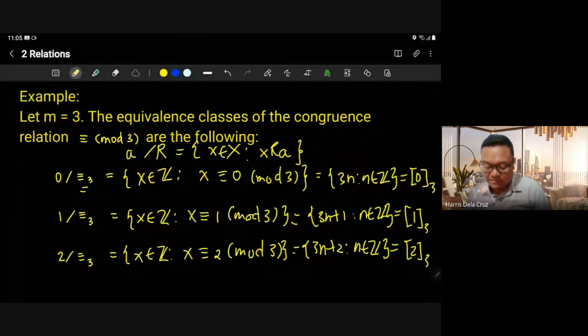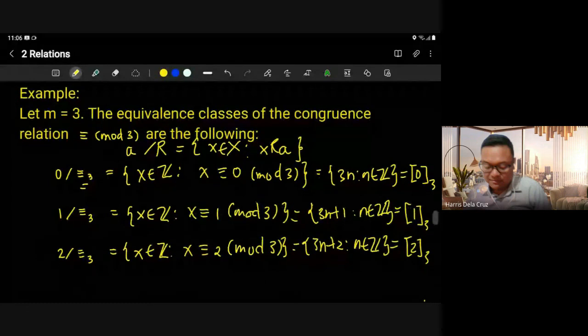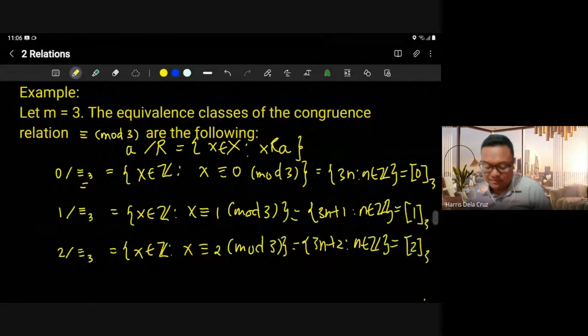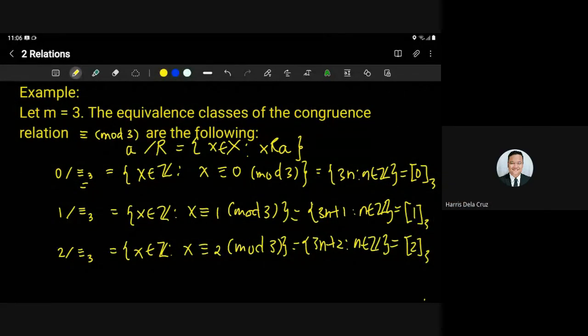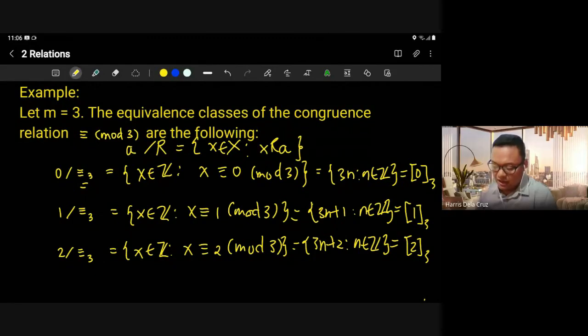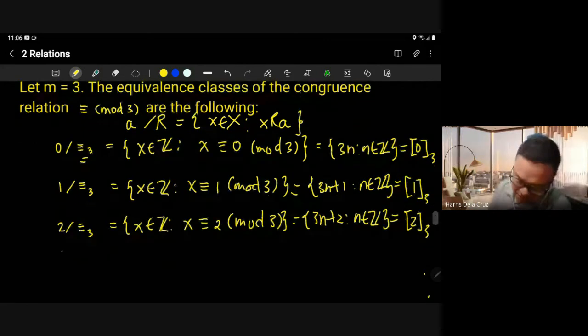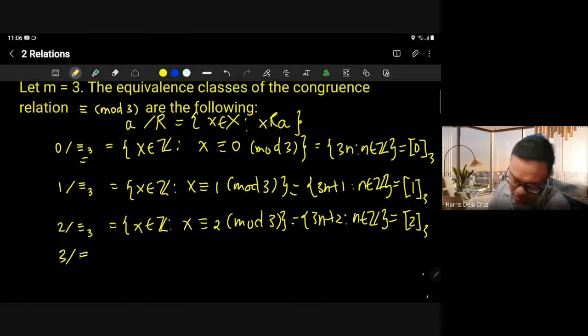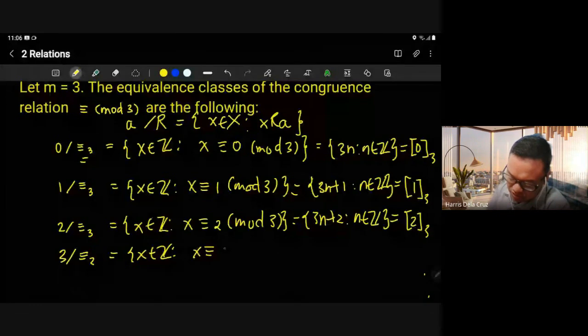So, ibig sabihin, we know that there are no other equivalence classes. Wala nang ibang set sub 3. Yung 0 lang, yung 1 lang, tsaka yung 2. So, pag kinuha mo yung 3 modulo sub 3, that's the set of x element of Z such that x is congruent to 3 mod 3.